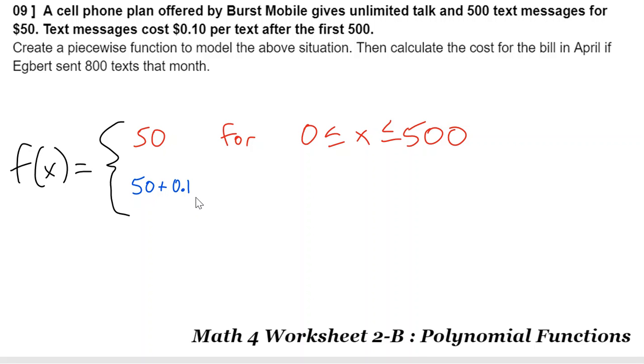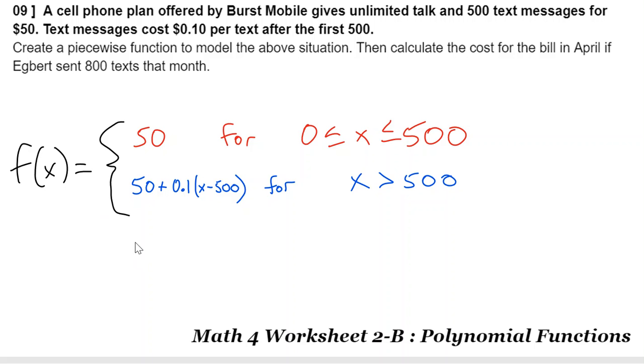Now, here's where we've got to be careful. It's not 0.1x, because you would include the 500 in that. You're actually supposed to take the 500 out of the x, assuming that it goes beyond it. And that would be for anything beyond 500.